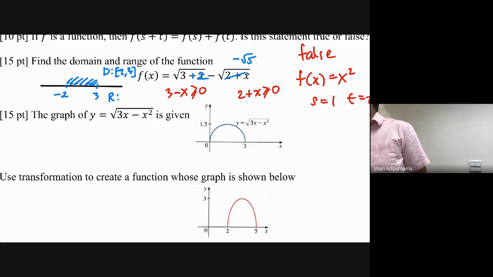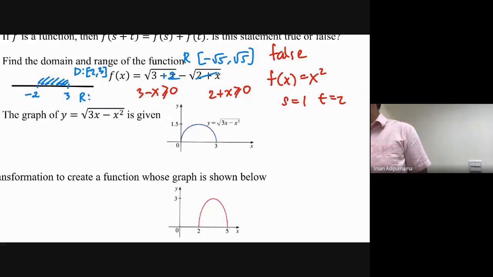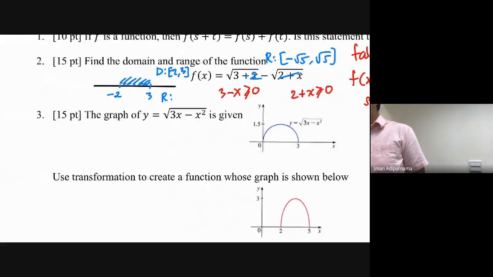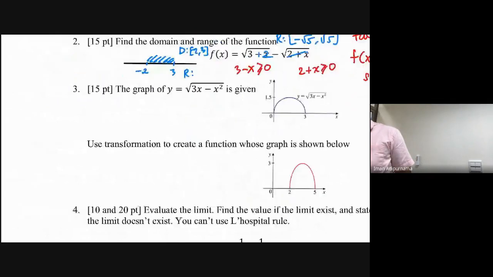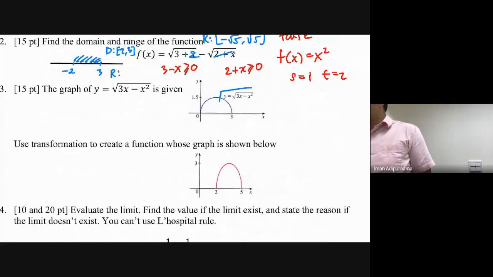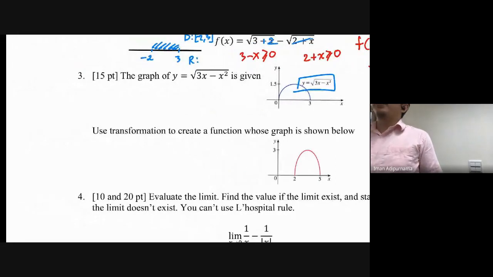So this is the range, and this is the domain. But because the question is only asking to use transformations, you don't need to change all the formula there.